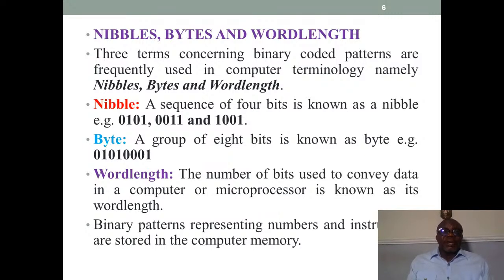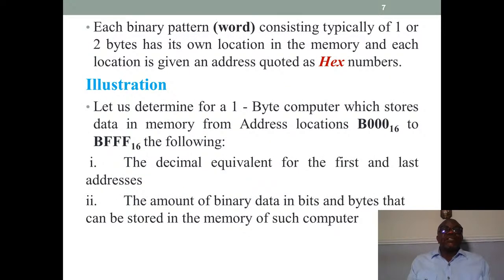The other thing we hear is the word length. The number of bits used to convey data in a computer or microprocessor is known as its word length. Binary patterns representing numbers and instructions are stored in the computer memory. Each binary pattern or word, consisting typically of 1 or 2 bytes, has its own location in the memory, and each location is given an address quoted as a hex number.